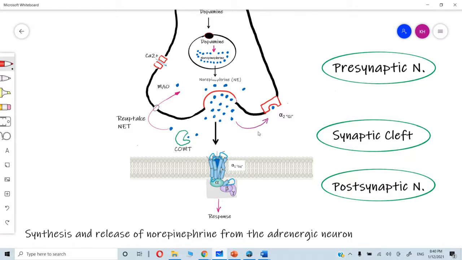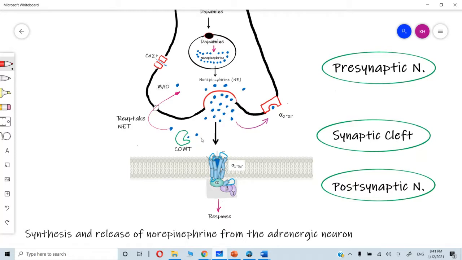Number two, binding to the presynaptic receptors, the alpha 2 receptors. Number three, reuptake by NET, which stands for norepinephrine transporter, taking the transmitter back into the neuron to reuse or recycle it.